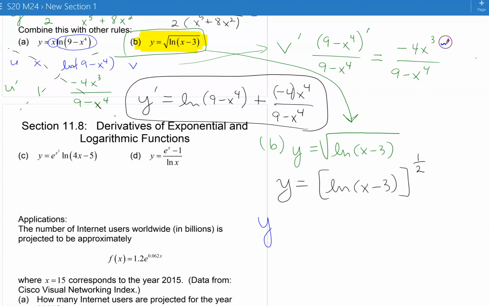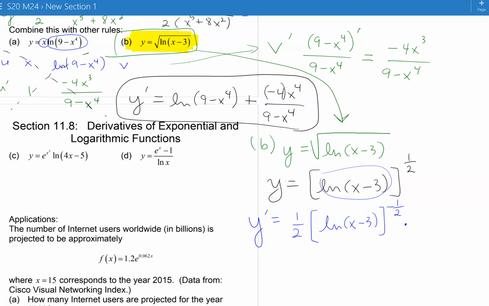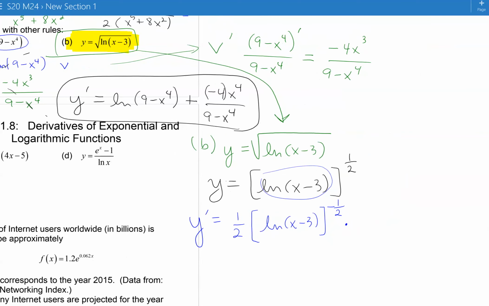The chain rule is going to say I have something to the power of 1/2, so its derivative is 1/2. Don't change what's inside, to the new power of negative 1/2 times the derivative of the ln of x minus 3.